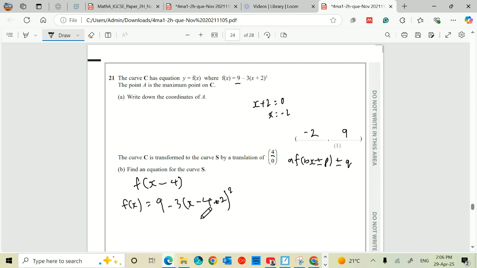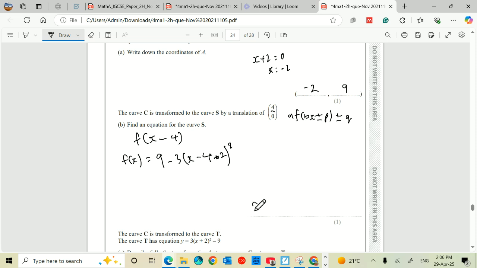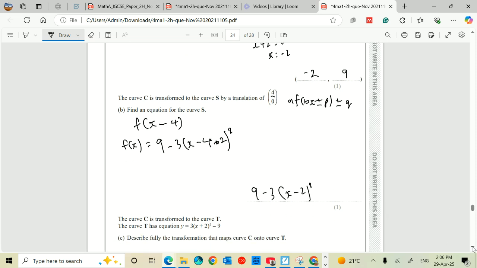So therefore the equation of S must be 9 minus 3 brackets, and minus 4 plus 2 is x minus 2, all squared. That's your additional mark.